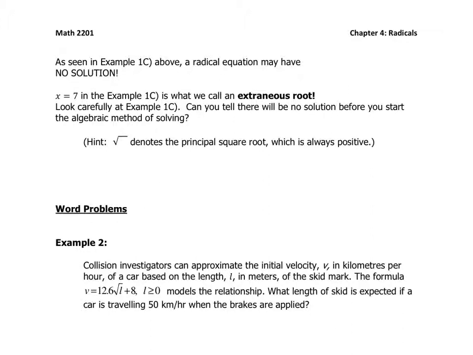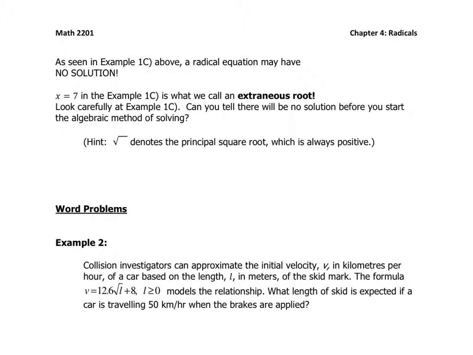Alright, so if we look back to example 1c earlier, we got a solution of 7 that seemed like it was a solution, but when we went back to the original equation, it gave us something like 3 equals negative 3, I believe. So it didn't work in the original, so that was an extraneous root.